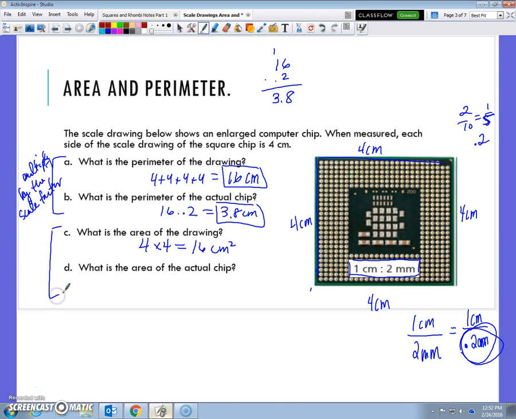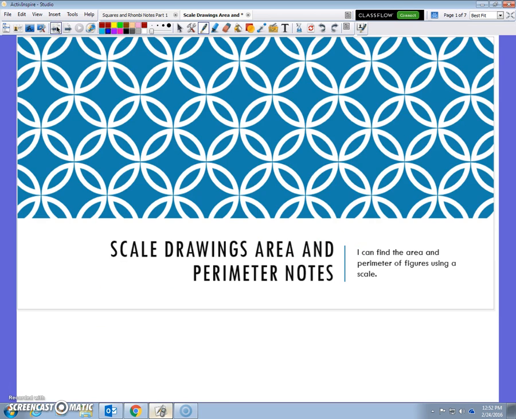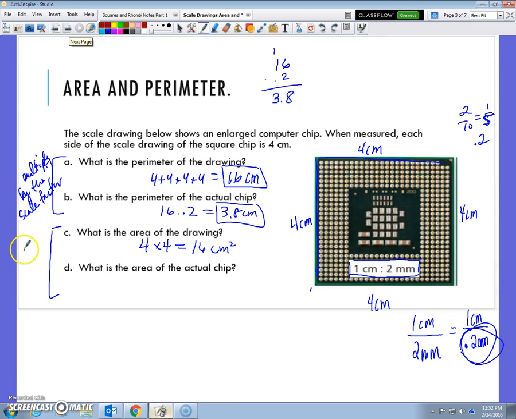For area, we're going to square the scale factor and then multiply. Oops, wrong way. We're going to multiply by the scale factor after we square it.